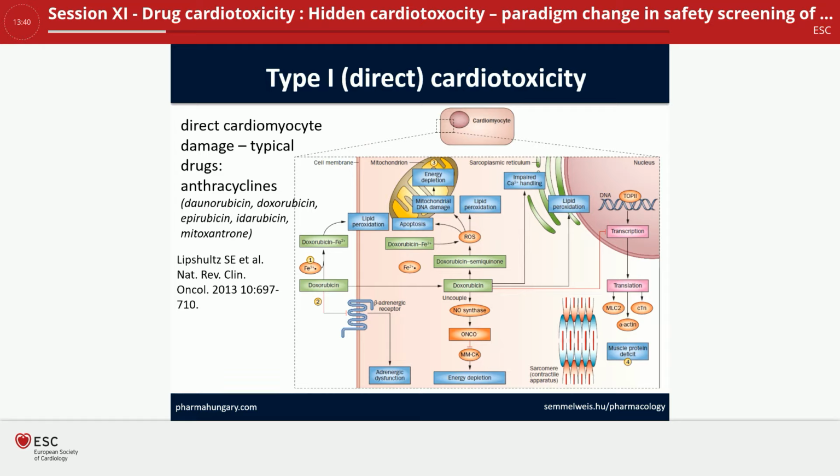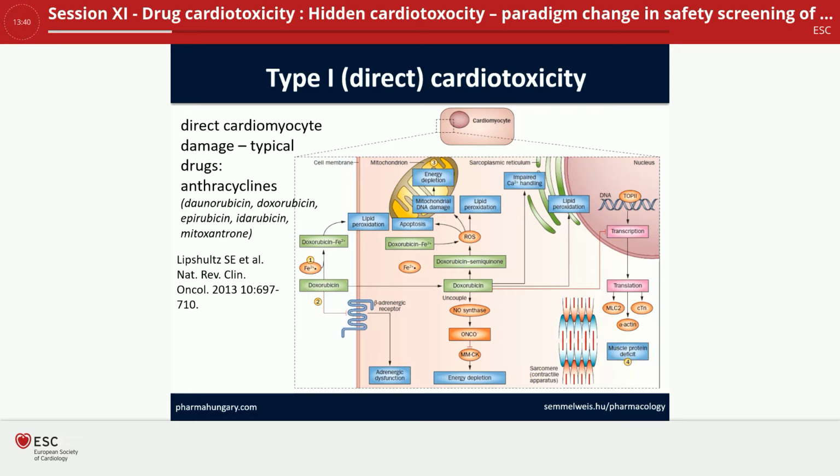I think it was introduced first in 2005 that there are two types of cardiotoxicity. The mechanisms have been classified in two types, which has been largely criticized lately. There is type 1 cardiotoxicity, and I still call it direct cardiotoxicity to make a difference from the hidden cardiotoxicity.